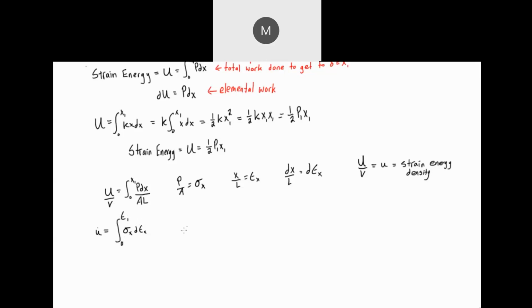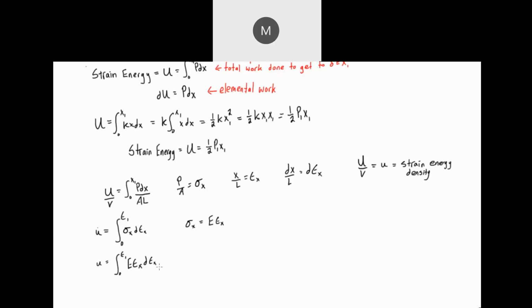But we also have Hooke's law, where the normal stress is equal to E times epsilon. So we can plug that in here as well and rewrite this. We get strain energy density is equal to the integral from 0 to epsilon 1 of E times epsilon x, d epsilon x.